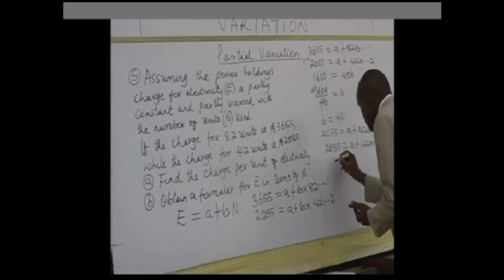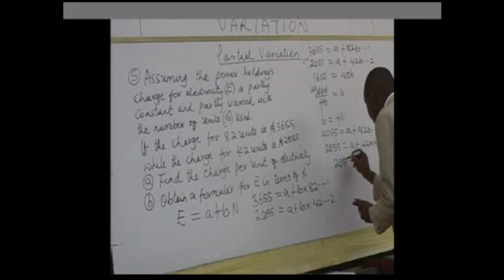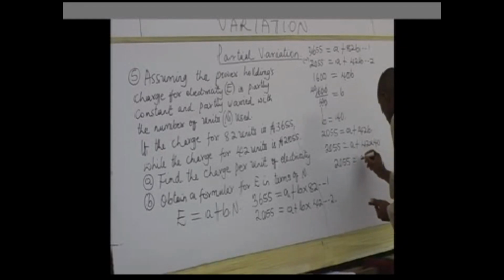So we have 2,055 is equal to A plus 1,680. Subtract 1,680 from both sides.